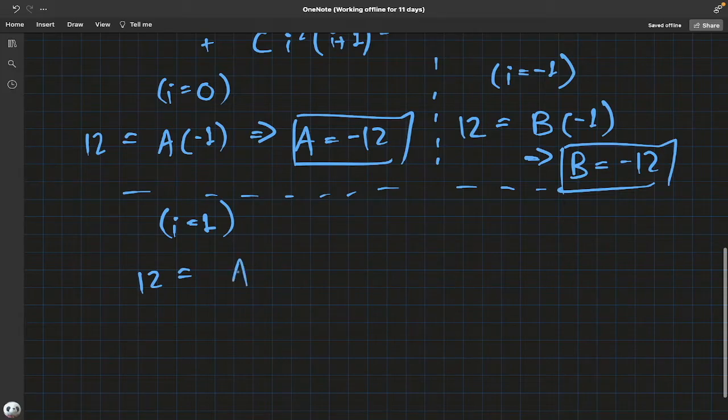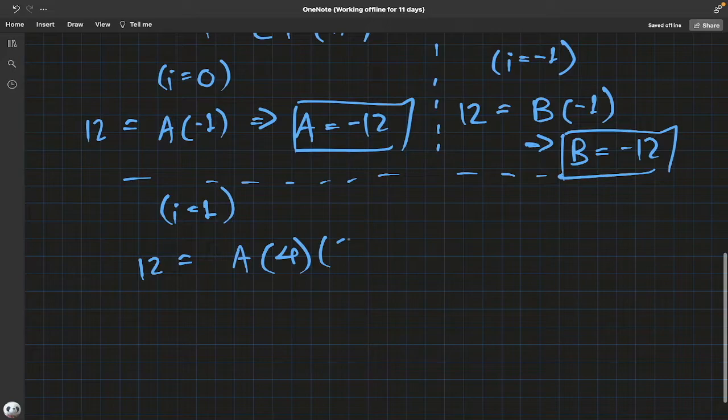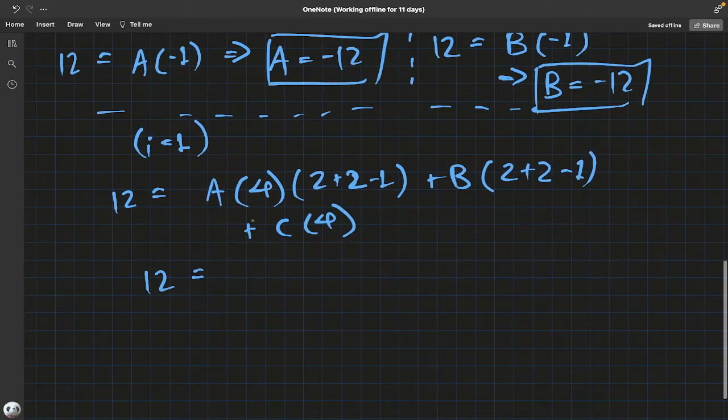12 equals A times 4 because of 2 squared, 2 plus 2 minus 1. I'm just doing the algebra quick. I don't want to waste your time. Plus C times 4. We know what A and B are, so plug in that information.